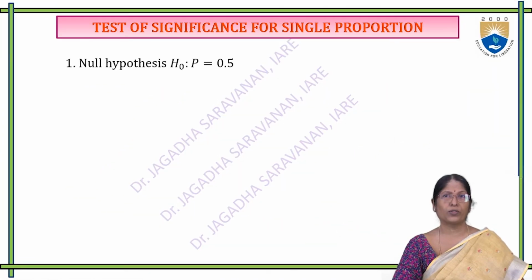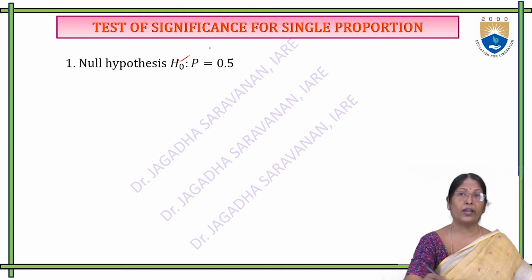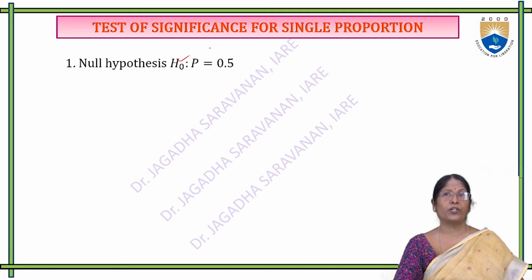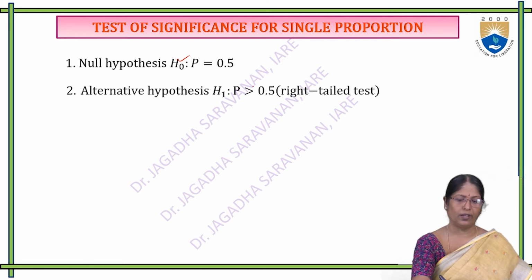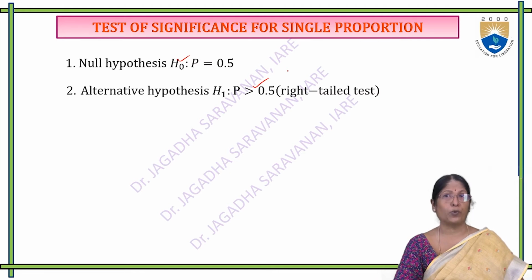So the null hypothesis, with the notation H0 colon, population proportion, we are taking as 0.5. The alternative hypothesis, which is a condition given in the problem itself, H1 colon P greater than 0.5, that is a right-tailed test. The level of significance, alpha equals 0.05.